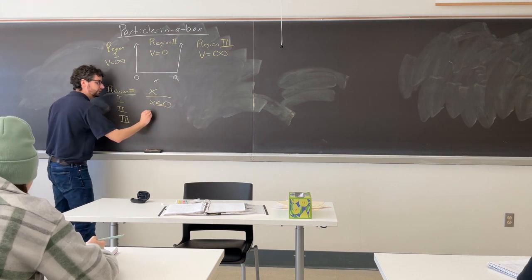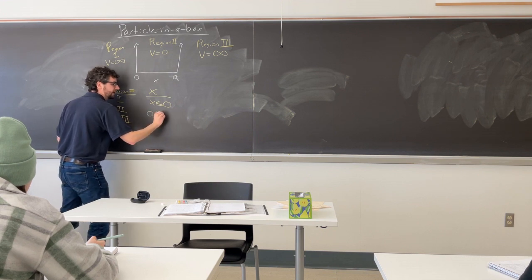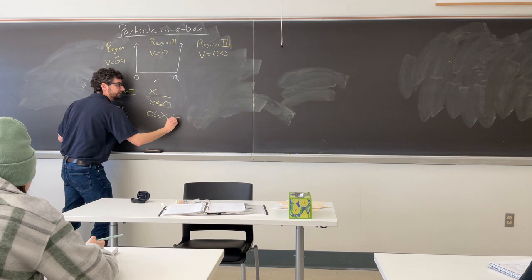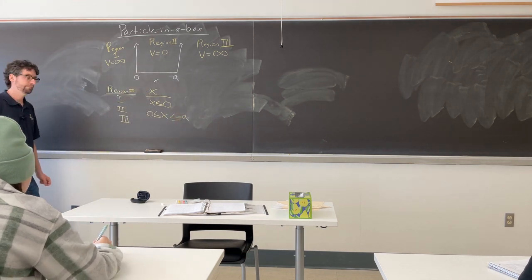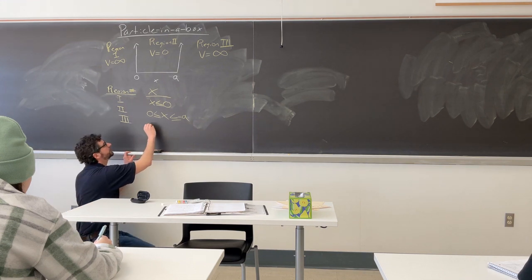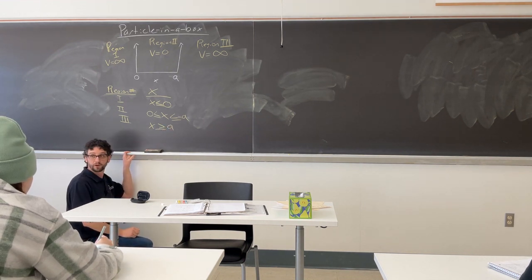What about region 2? Yep. And it can take on the value of 0. Ooh, that's terrible. 0 or A, right? And then what about region 3? Yep, greater than or equal to A. Okay.